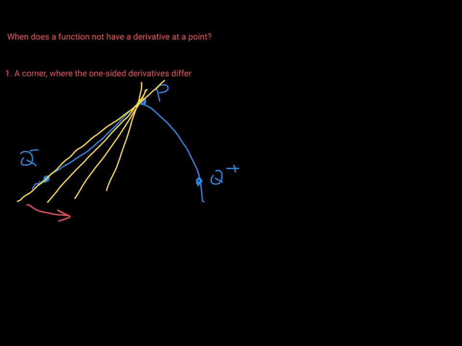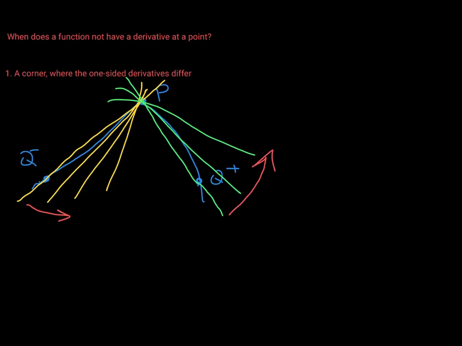But from the right, as this point here approaches point P, you can see here that the secant line, let me do this in another color so that it's clear. There's my sloppy secant line, okay? But as this point Q approaches point P, we have a different secant line and a different secant line. I'm trying to be dramatic here, but these secant lines are going in that direction.